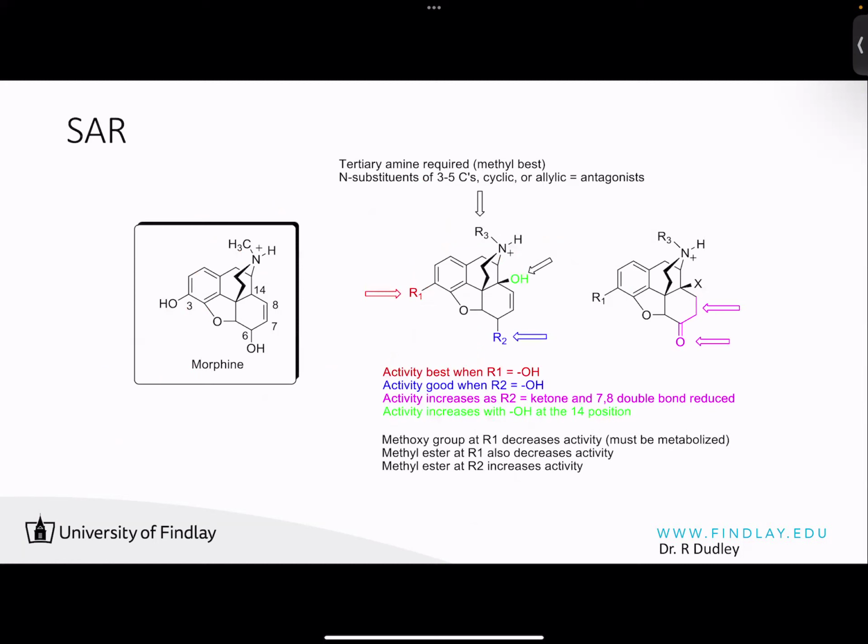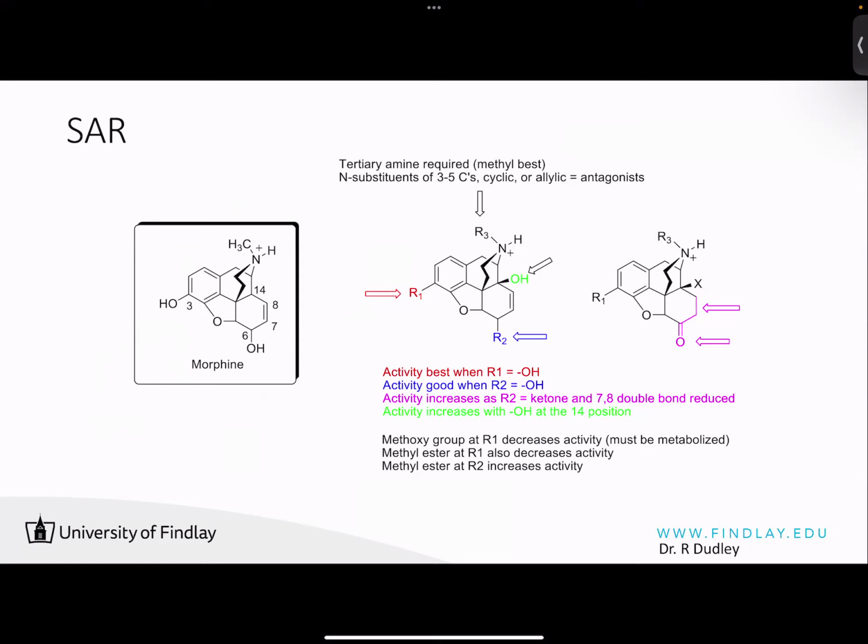From a structure activity perspective, I can tell you there is no shortage of analogs that have been synthesized over the years. A scientist named Philip Portoghese, he's retired now, but he spent his career studying opioid receptors and opioid receptor agonists, and he's got a wealth of literature that he has produced out of his lab over the decades.